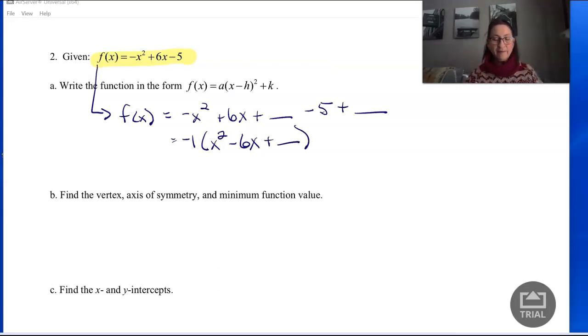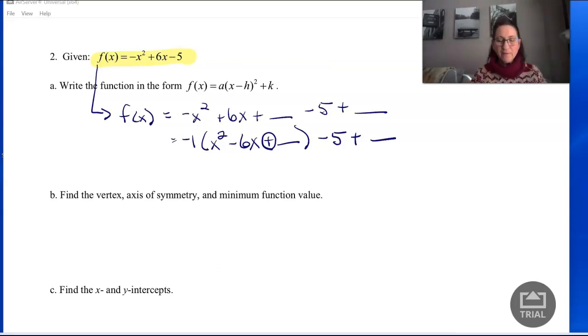And then my minus 5 doesn't change, because that's outside of those parentheses or that perfect square trinomial. And this second sign is always a positive sign, so that's why that didn't flip. Okay, when you're doing that perfect square trinomial, you only apply that coefficient that you're dividing by, or taking the greatest common factor out of, to those first 2 variable terms.